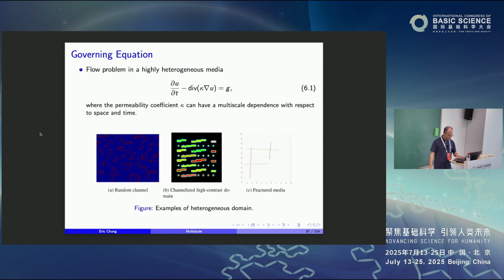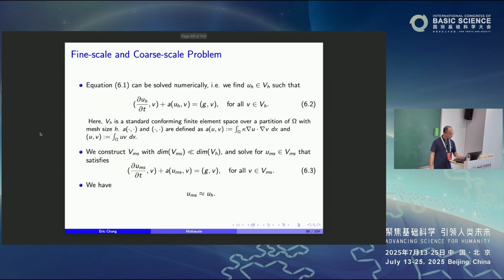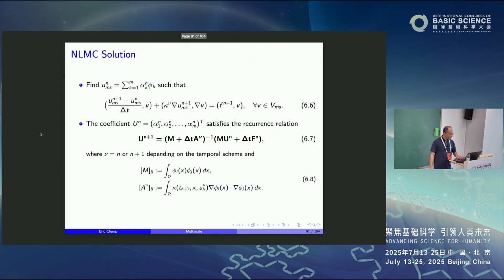What we will do is the following. In short, we try to learn this map. If you know the solution at time n, and you need to compute the solution at time n+1, you need to know this process.